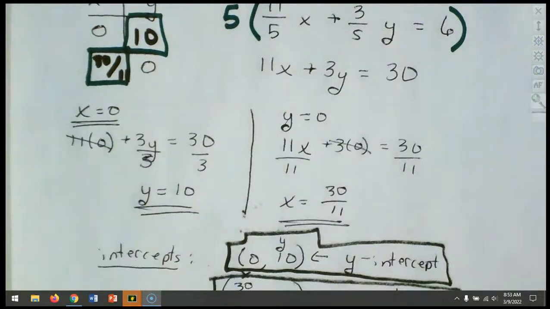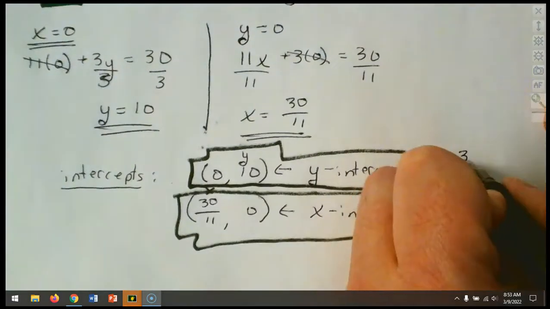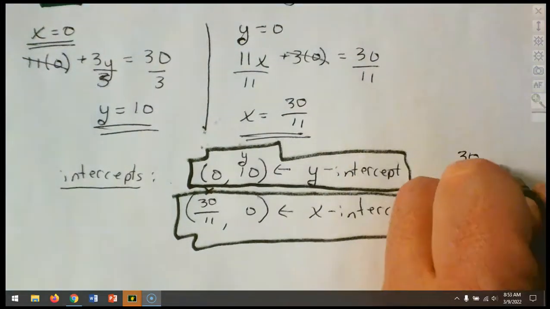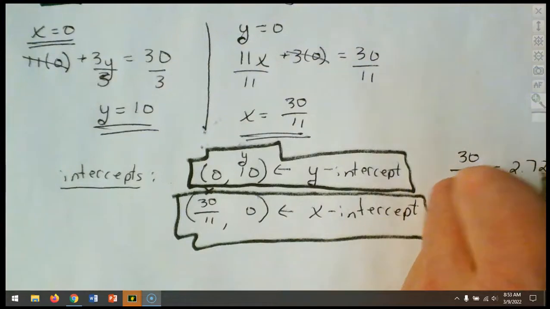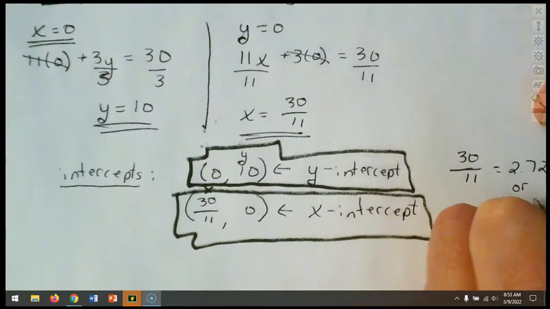Now when we talk about 30 over 11, what is 30 over 11 as a decimal? Well, 30 over 11 is going to be pretty close to 3. I think it's a little bit under 3. Okay, but 30 over 11 is 2.72, or about 3.